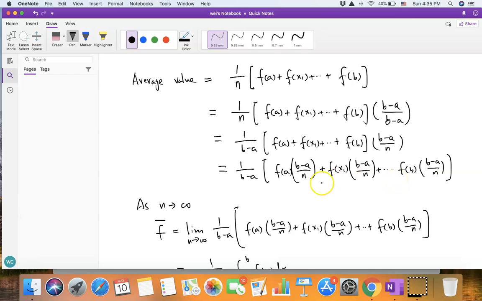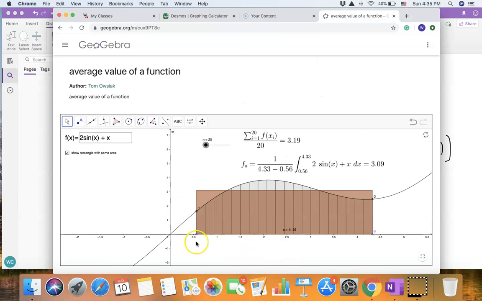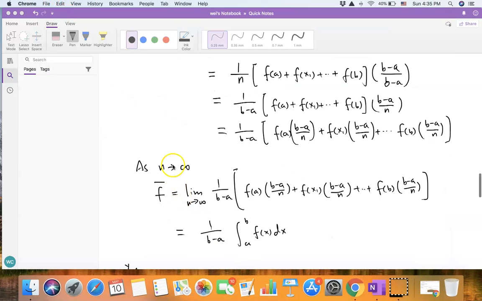Now, if we divide this interval into infinitely many pieces, that is equivalent to n approaching infinity. So when n approaches infinity, I take the limit. I want to take the limit of this term as n approaches infinity.